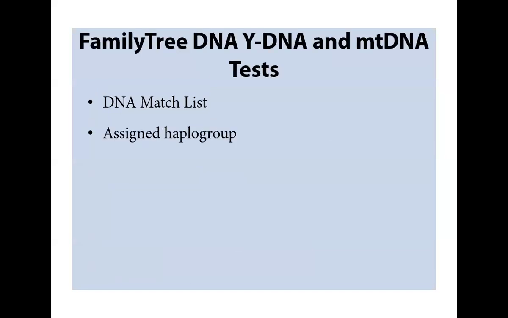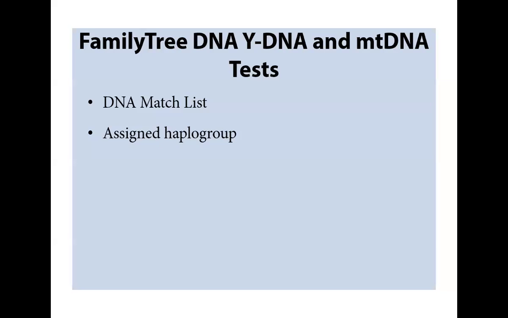And with the Family Tree DNA Y-DNA and mitochondrial tests, you also receive match lists for those tools as well. And you also get what's called an assigned haplogroup. A haplogroup is basically a code to identify human migration across the globe. So people that share the same haplogroup usually share the same kind of migration patterns.